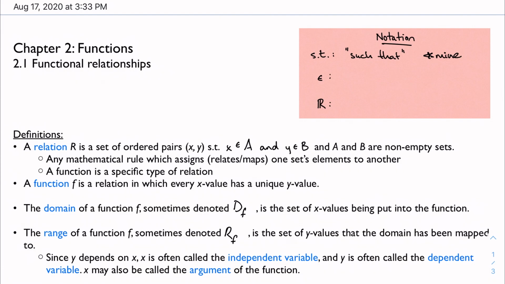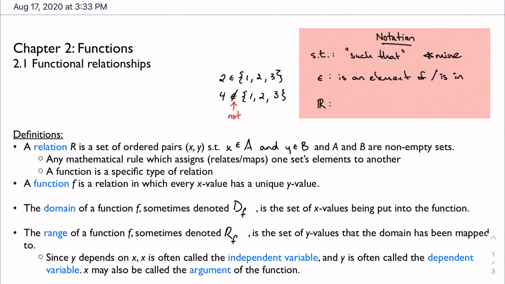This little fancy looking E is a little bit of set notation, and that's our way of saying that something is an element of a set, or something is in a set. I could say that 2 is an element of the set {1, 2, 3}, for example. By the way, just logically, if I crossed it out, that would be saying is not an element.